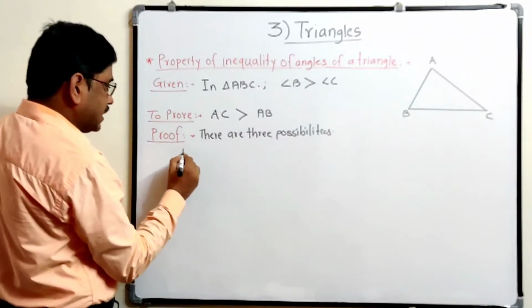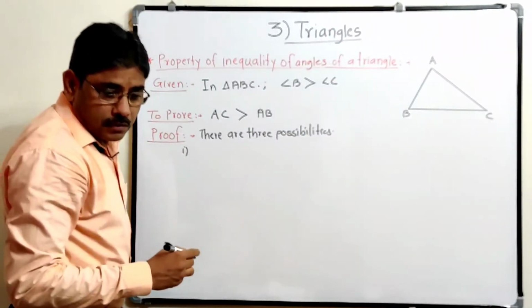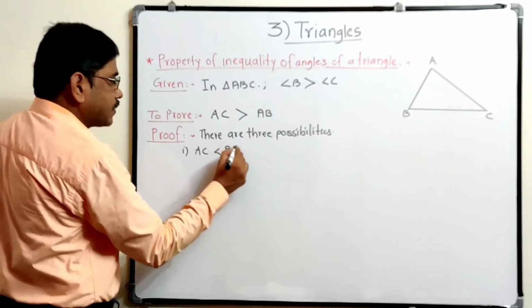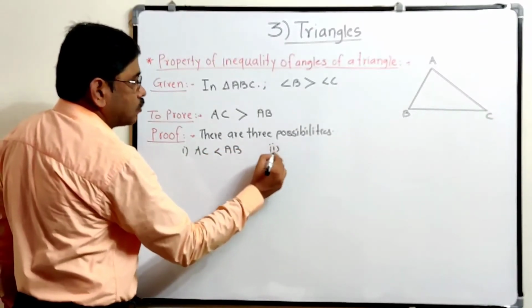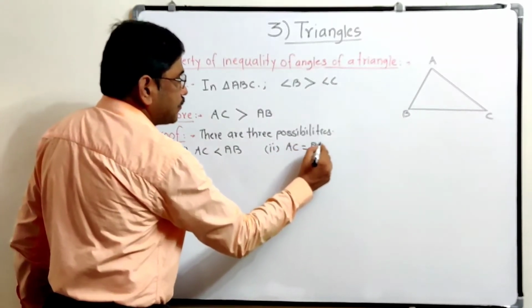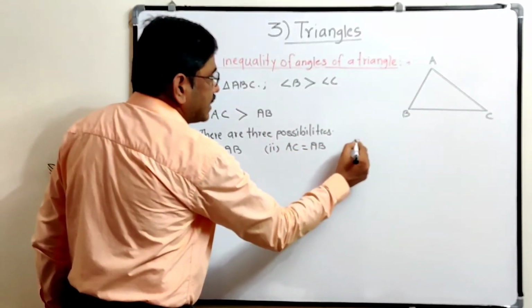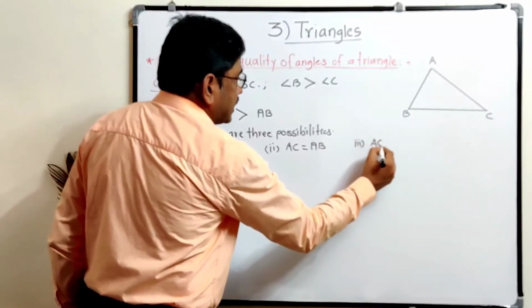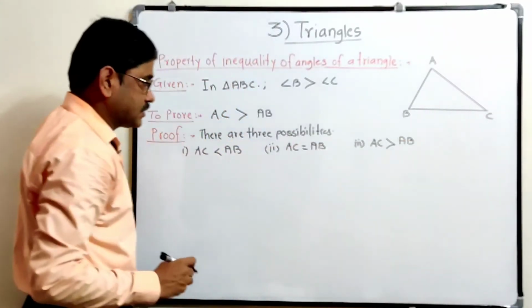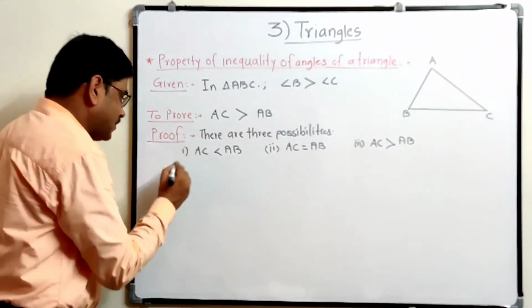The first possibility is AC is less than AB. The second possibility that we have to write is AC equals AB, and the third possibility is AC is greater than AB. So here we have to complete these fill-ups. Now let us see the first possibility.